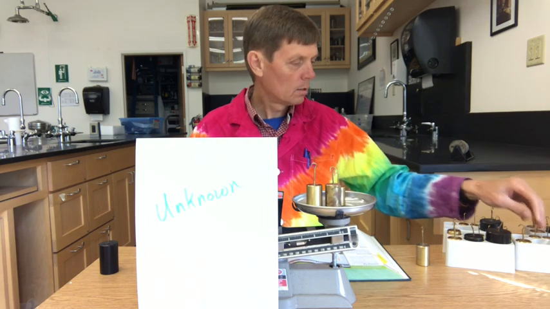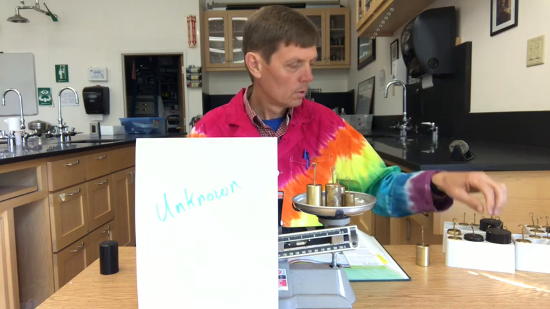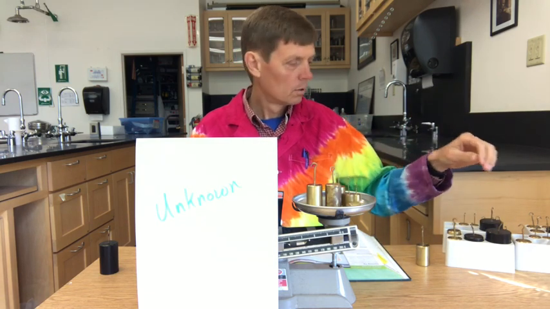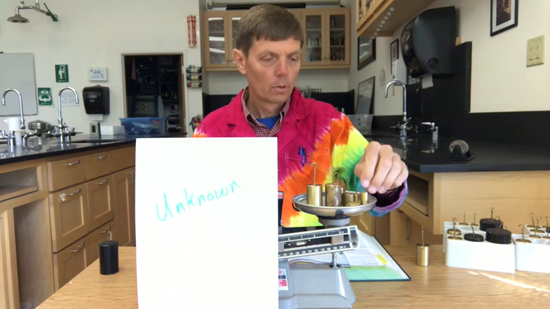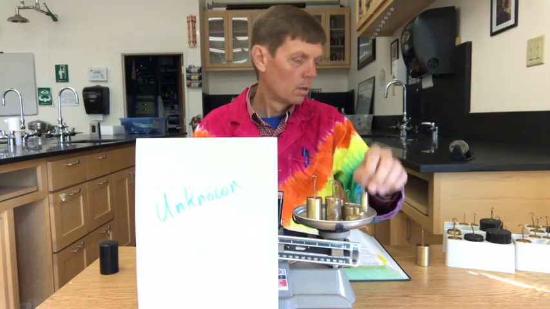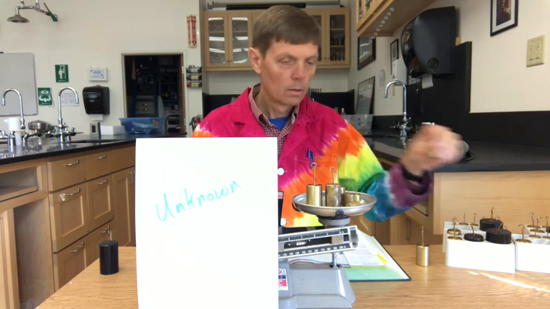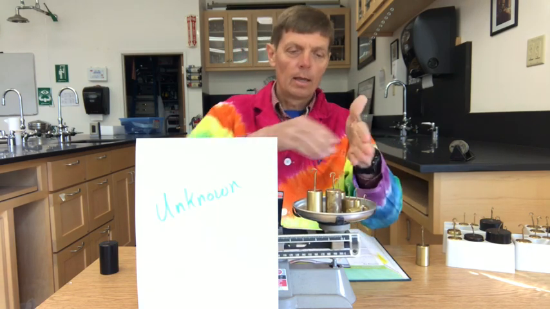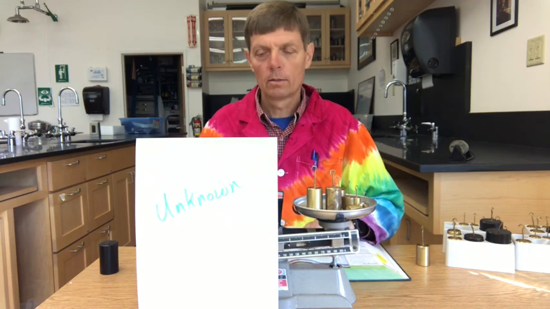And take it a few at a time until I get closer and closer, until it balances. Once it balances, I can add this up and I know how much the mass on the other side is.